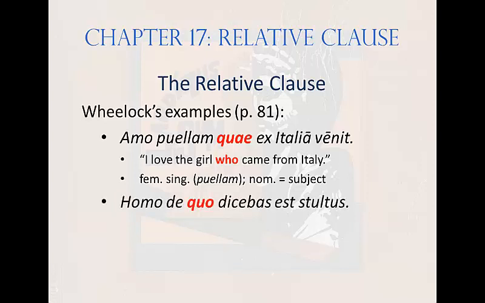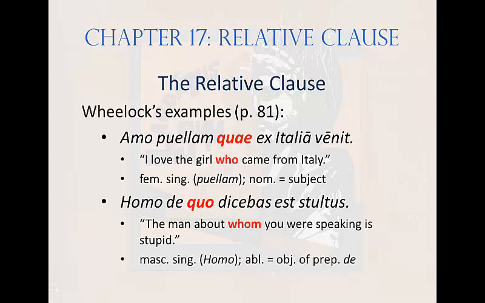Next example. Homo de quo dicebas est stultus, meaning, the man about whom you were speaking is stupid. Quo is masculine singular because its antecedent homo is masculine singular, and it's ablative because in its own clause it's the object of the preposition de.